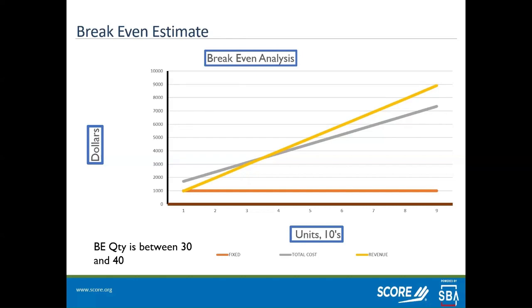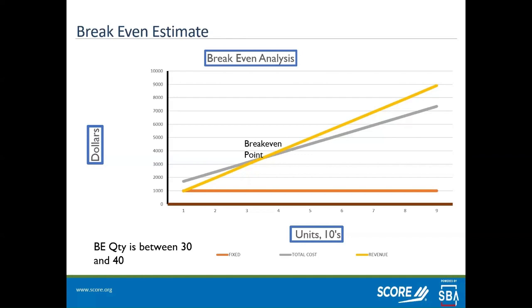Would you click one time, please? So you can see the break-even point is somewhere between 30 and 40 units. It's not exact. And that takes my total cost and compares it to my revenue, which is the uppermost line, the yellow line. So as we sell more units, our revenue is going to increase.